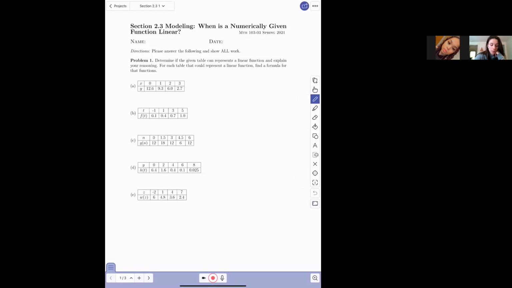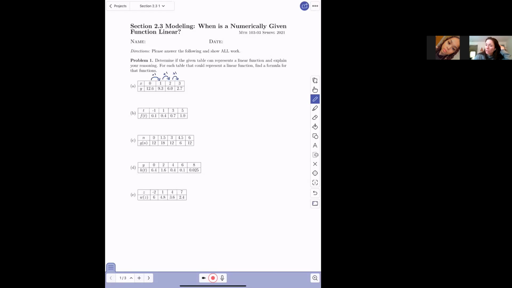This first one, table A: in order to tell if a function is linear based off of a table, we want to make sure that the x and y values are incrementing at a constant rate. So from 0 to 1, we're adding 1. From 1 to 2, we're adding 1. And from 2 to 3, we're adding 1.